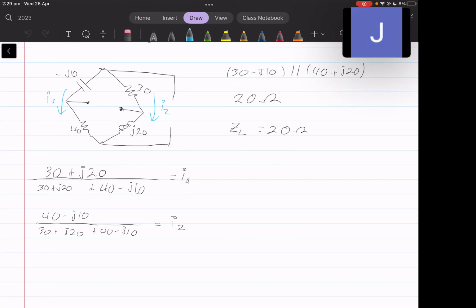And just to skip simplifying that down, we're going to have 2.55.